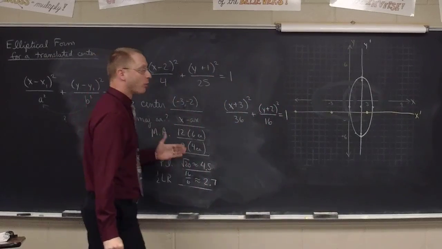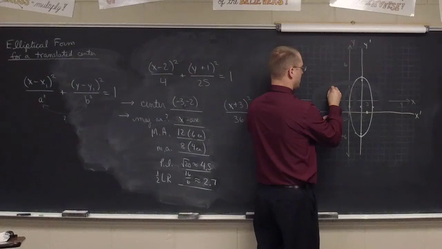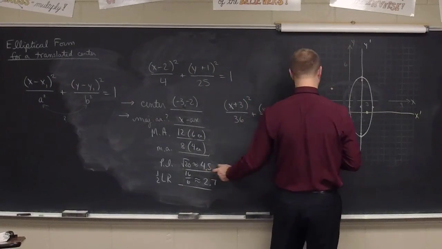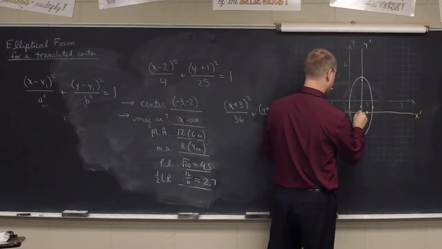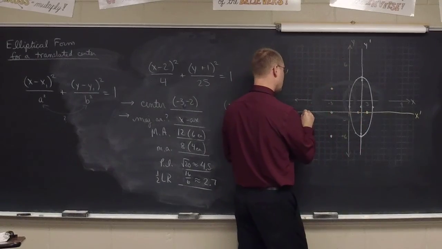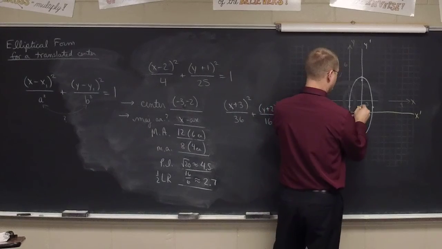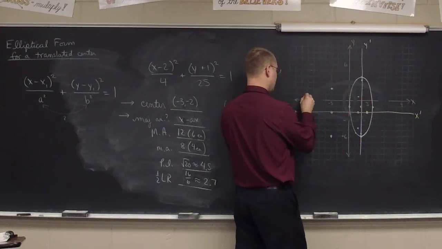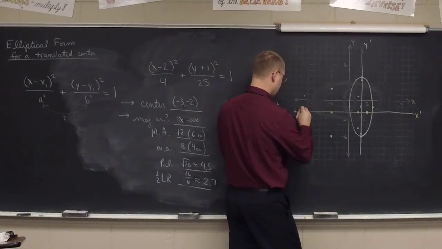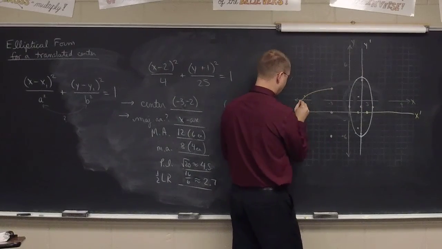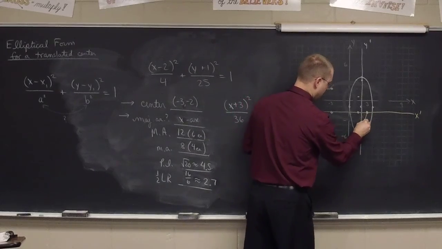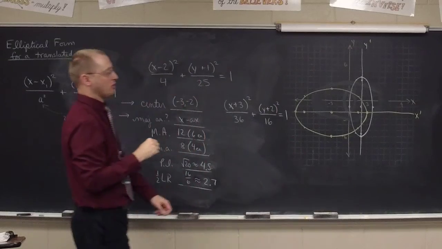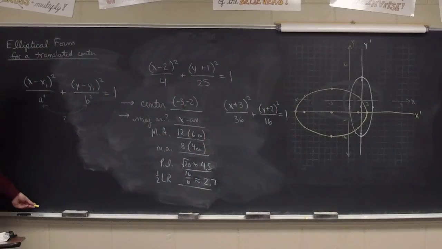We'll go up and down 4 from the center point, out 4.5 to the foci, and from the foci out 2.7 in each direction. Not taking a lot of time to draw it super neatly, but just a quick sketch, something along those lines for our ellipse.